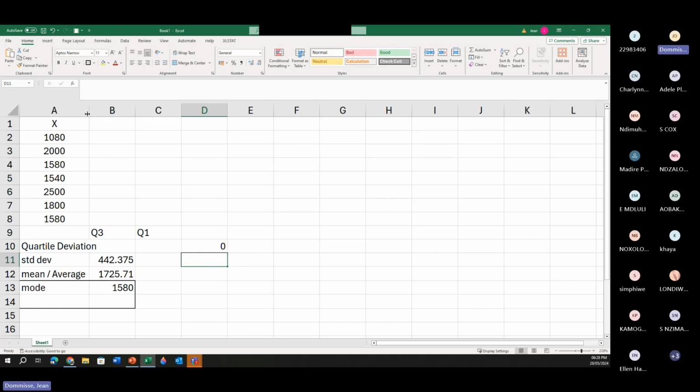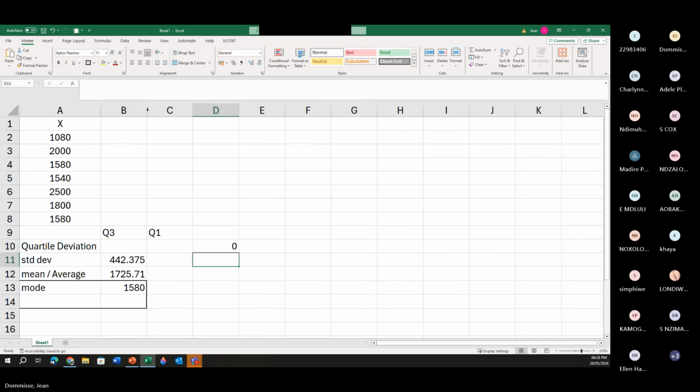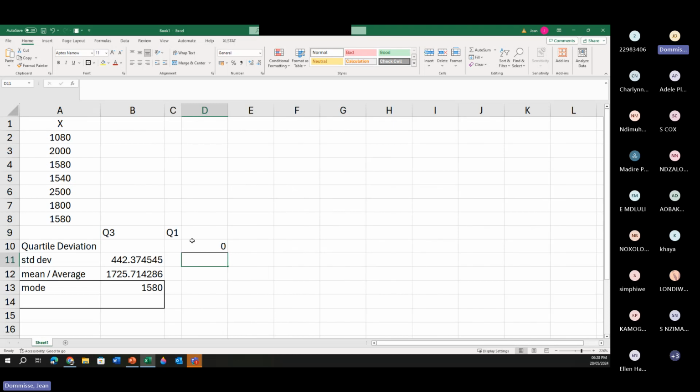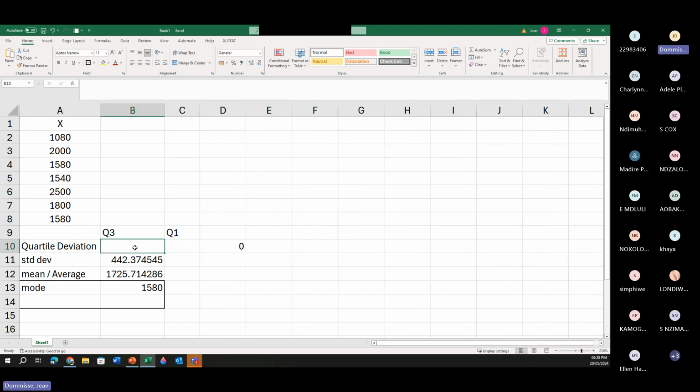I have not seen that quartile deviation before, but at least we have a quartile function.